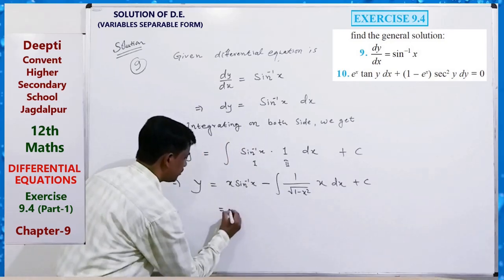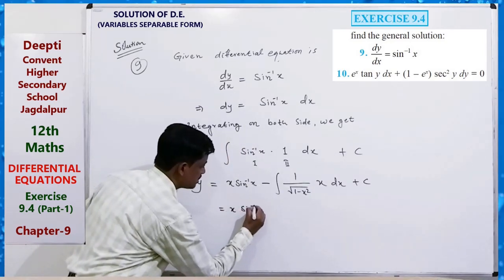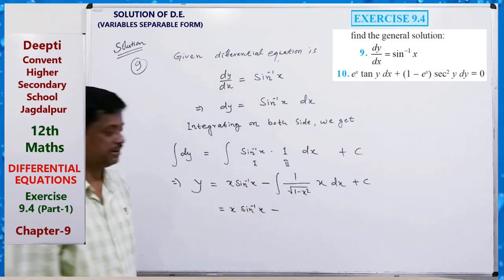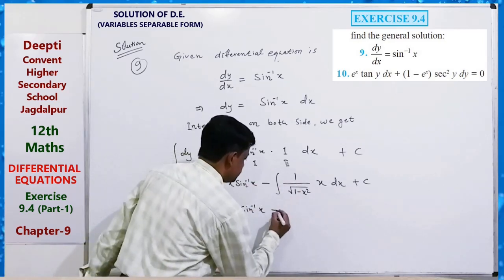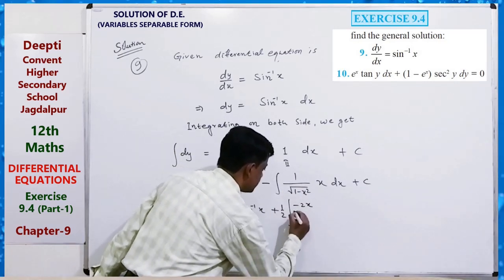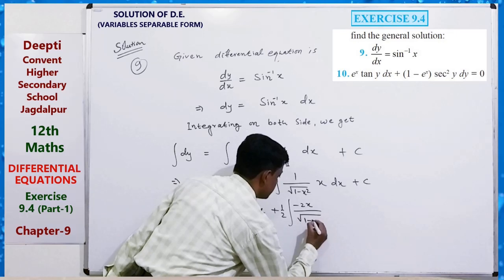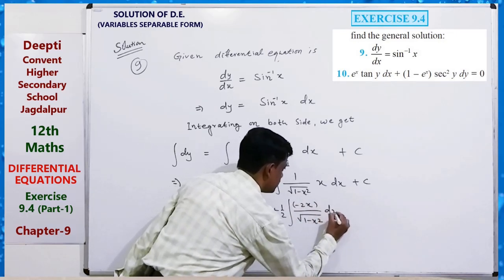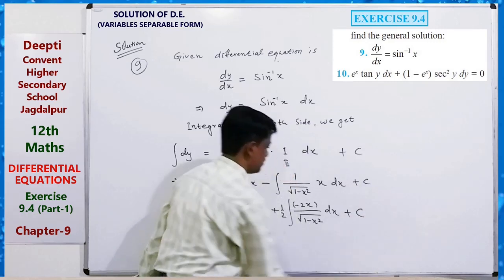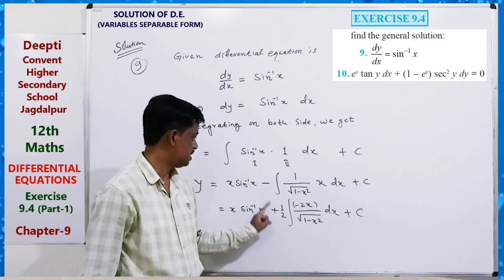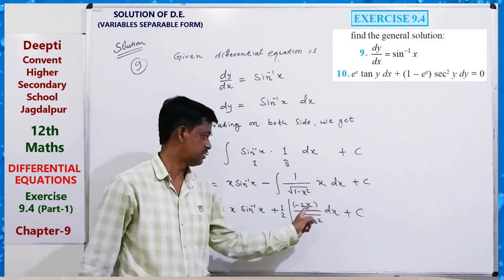So here x sin inverse x, here we see that we can write, why? Because 2 cancels, minus here minus x dx.